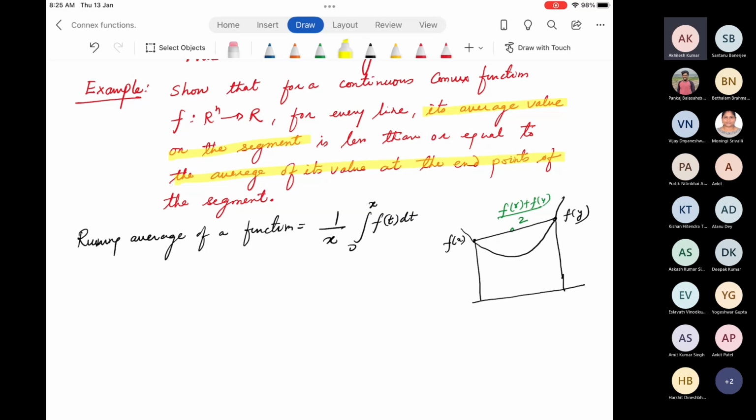Suppose I have taken an infinitesimally small segment dt and I want to find the average value. When I say average value, small such dt will be appearing again and again, right? Make sense?